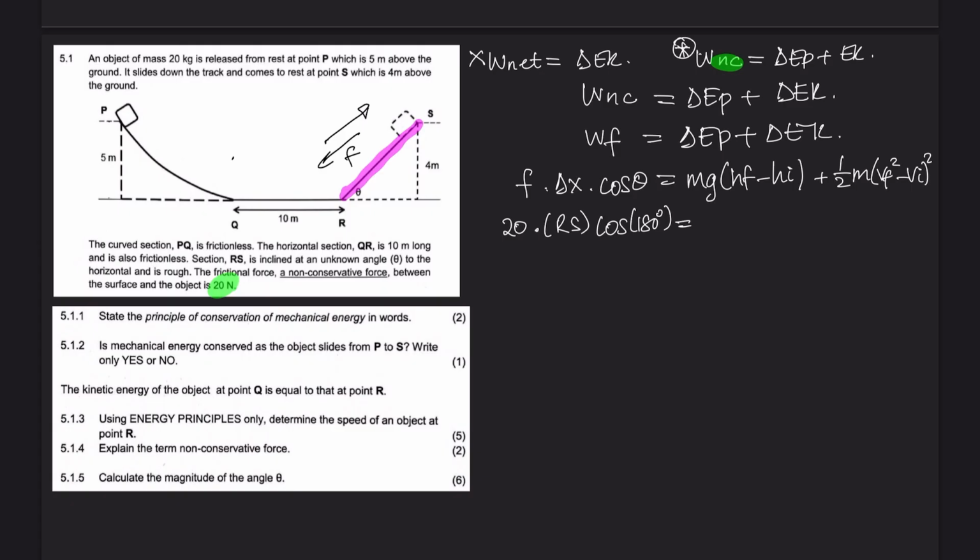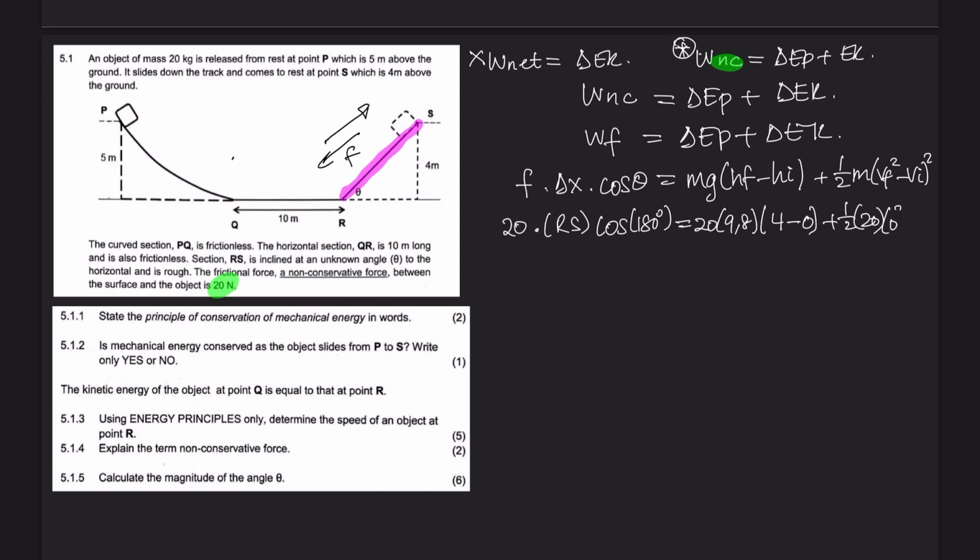That's going to equal, we know the mass is 20, times 9,8. The final height of the object is 4 meters above the ground. The initial height of the object at the beginning of the slope was 0. Plus half of 20. It comes to rest at point S, so it stops.